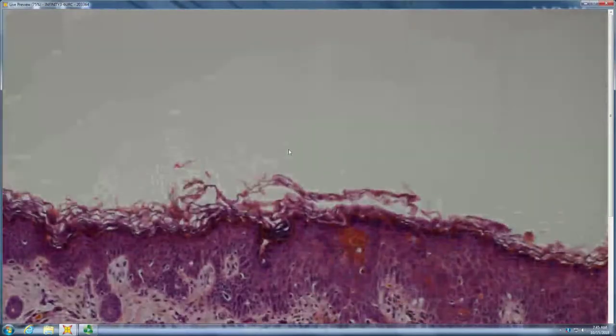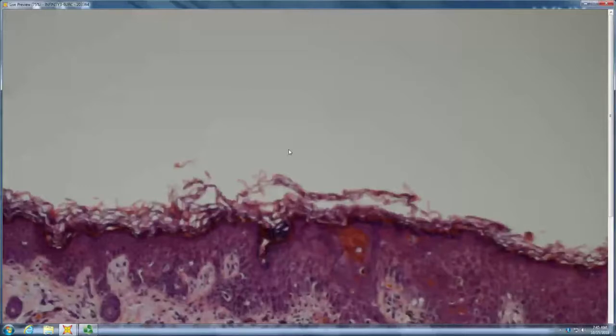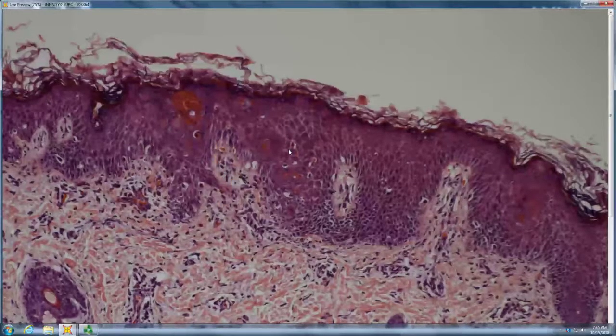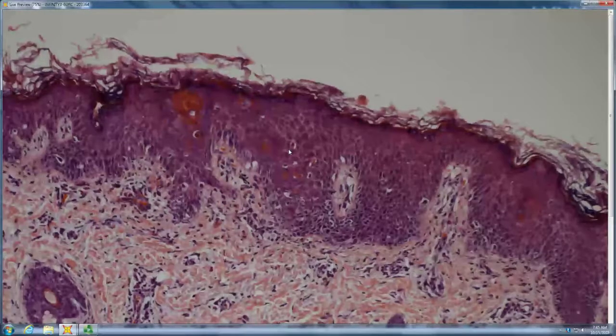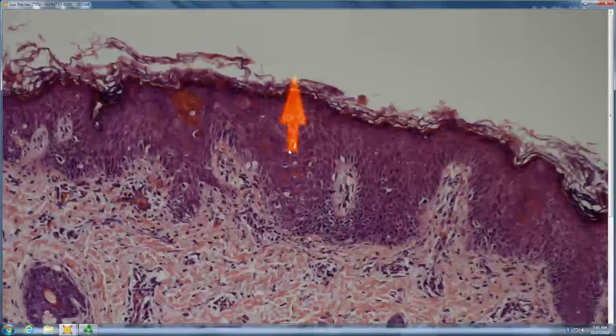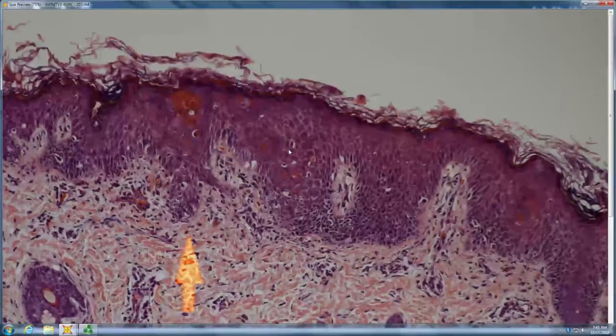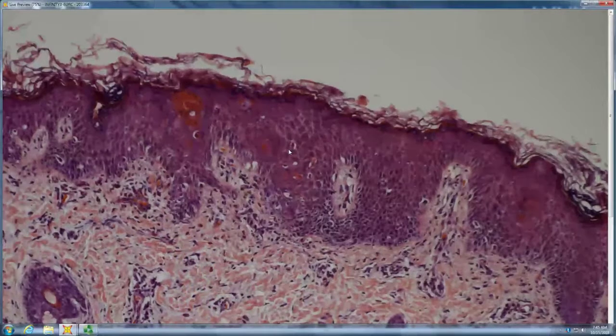I see dyskeratotic cells. Maybe IP. So multiple dyskeratotic cells, whorls in the epidermis. Given that this is kid skin with EOs, it's probably incontinentia pigmenti.